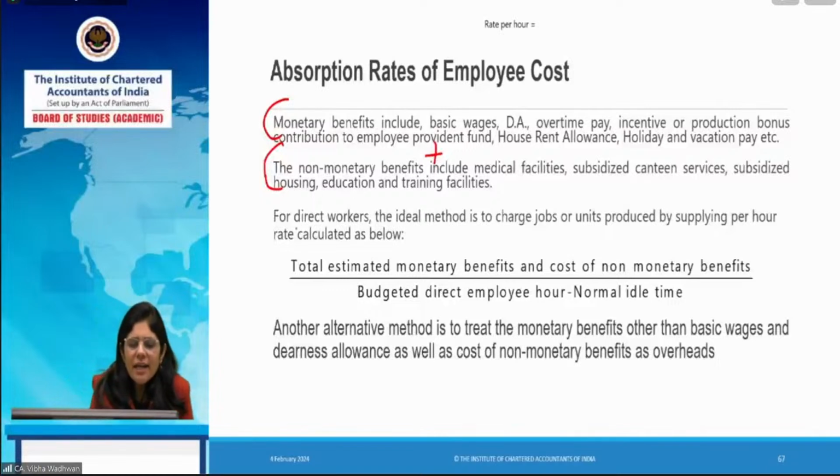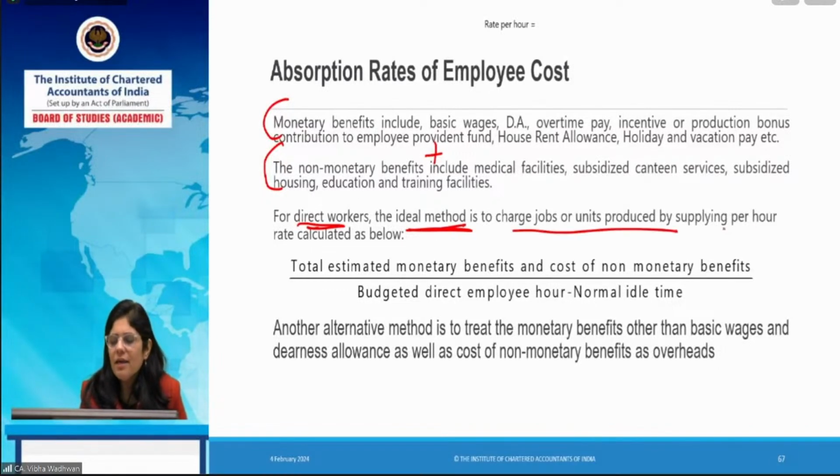So for direct workers, the ideal method is to charge jobs by wage rate per hour. Normally this is what we do in practice also, and they're saying the ideal method because we are paying everything to direct workers. Anything which we are paying to direct workers should be a direct cost. Nothing which we are paying to direct workers should go to overheads.